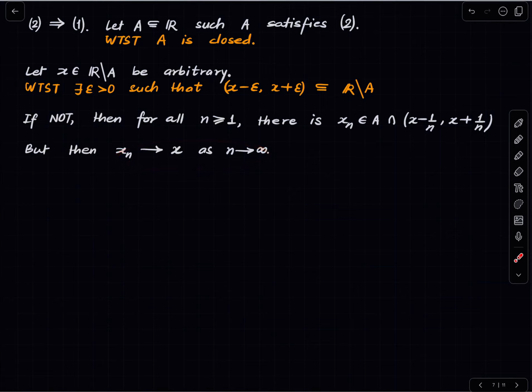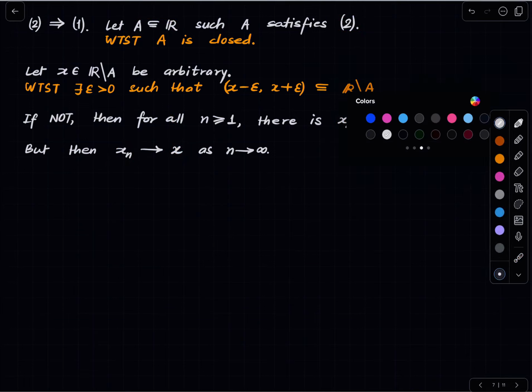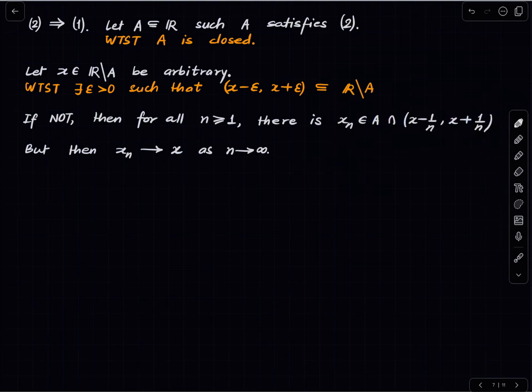But now what happens? Each xn was a point in A, and it is a convergent sequence as we showed. So the limit of the sequence, by the fact that A satisfies property 2, should be in A. By the nature of A, therefore, x is in A, and that's a contradiction to the choice of x, because x was chosen in A complement.